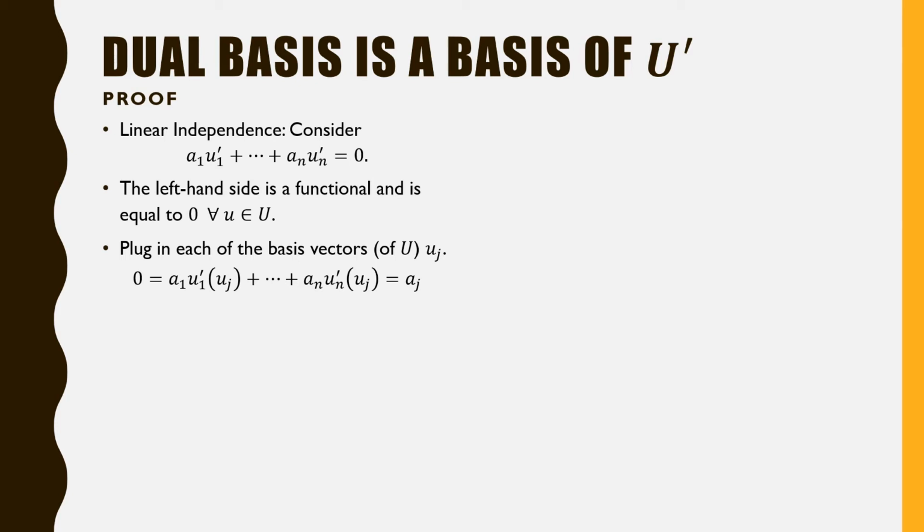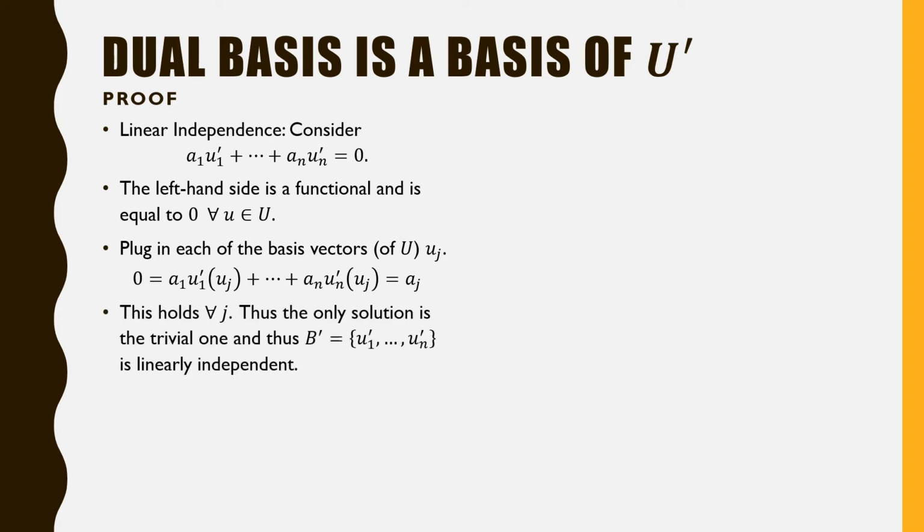So the only thing that survives here is when we have uj prime acting on uj, and in that case, it produces a 1. So the only thing we get out will be the coefficient aj. But this means that aj is in fact equal to 0. But j was arbitrary. So if you run through all the j's, you can show that a1 through an all have to be 0 in order for this to work.